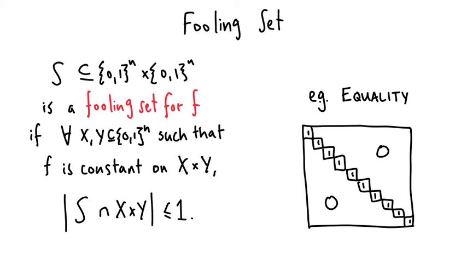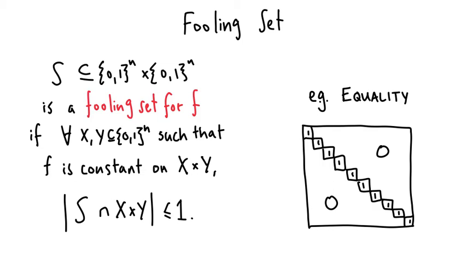It's easy to see that any rectangle, any Cartesian product X and Y, a set of inputs in this matrix where f is constant, can intersect in at most one place.